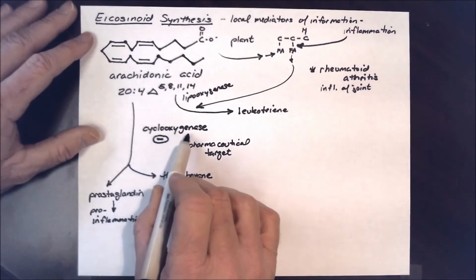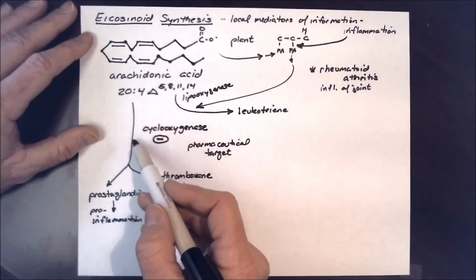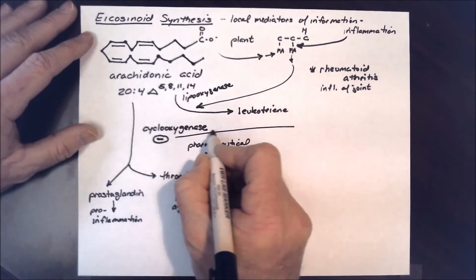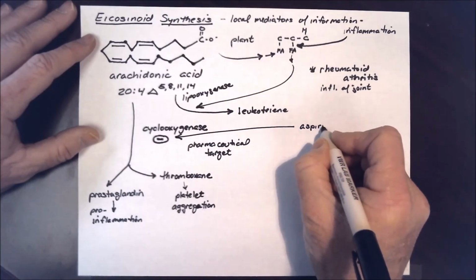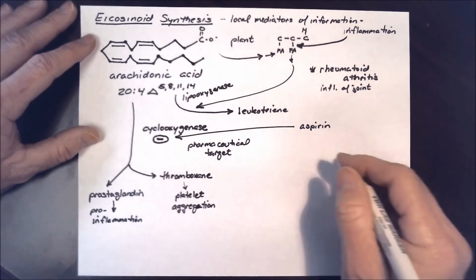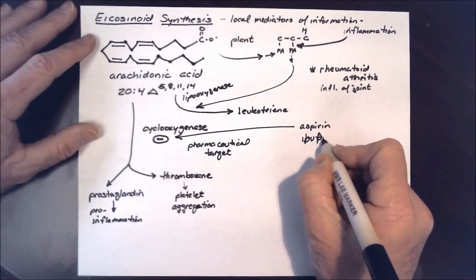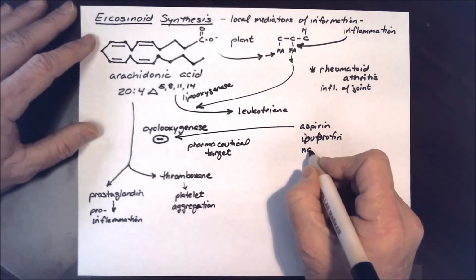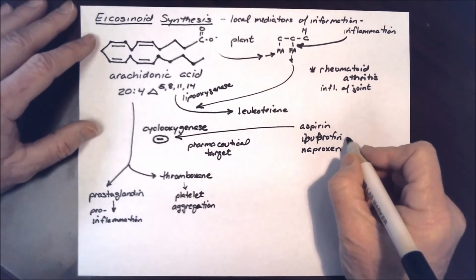So technically, if we could develop an inhibitor of cyclooxygenase, we could prevent the formation of prostaglandins. These inhibitors are known. One is aspirin. The other is ibuprofen, naproxen.